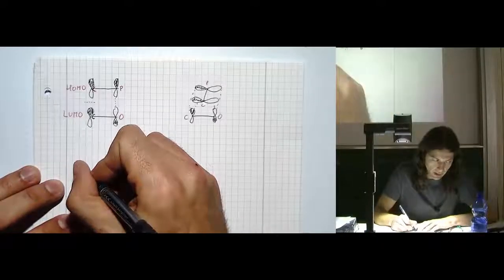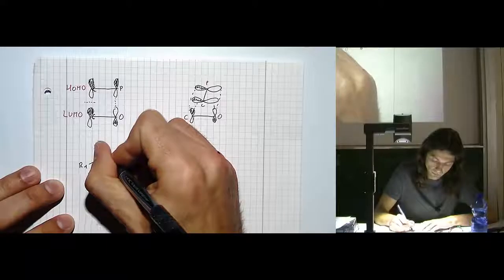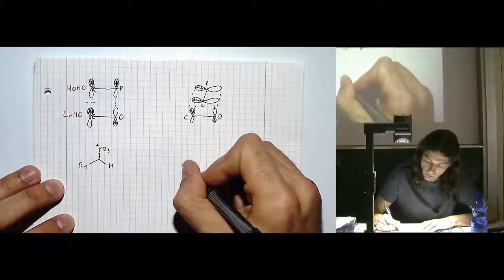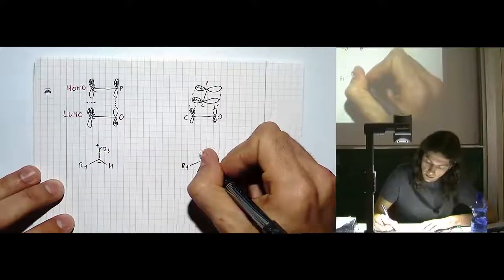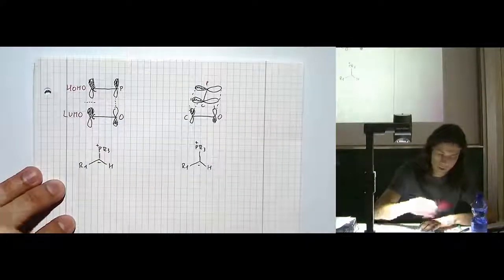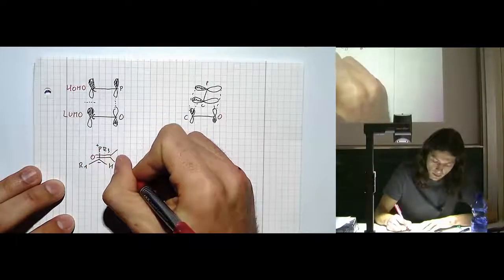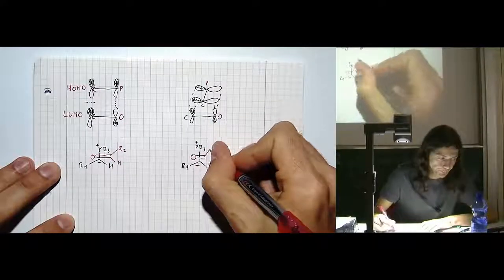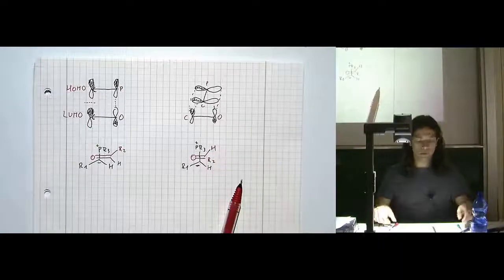So for example, if we have here the two possibilities, so this would be the two possible approximations.